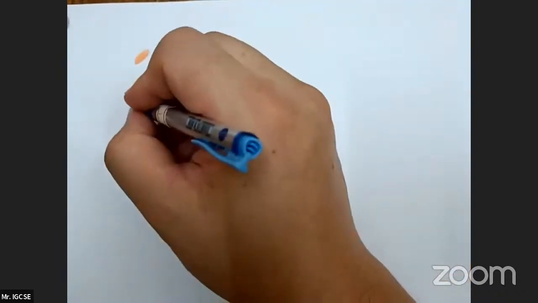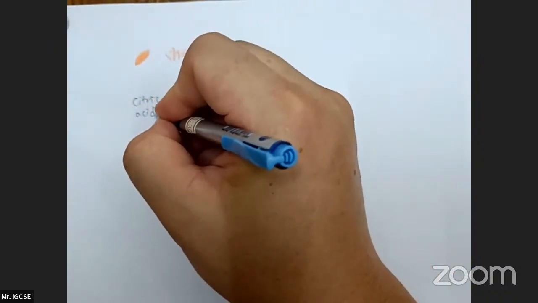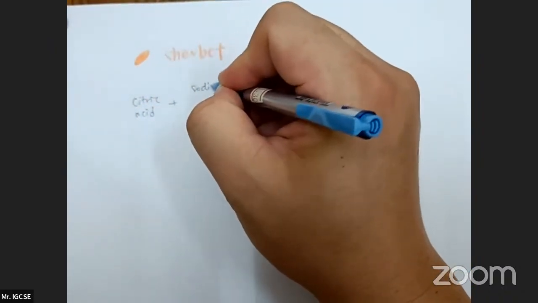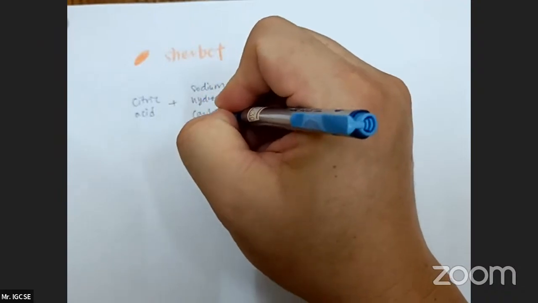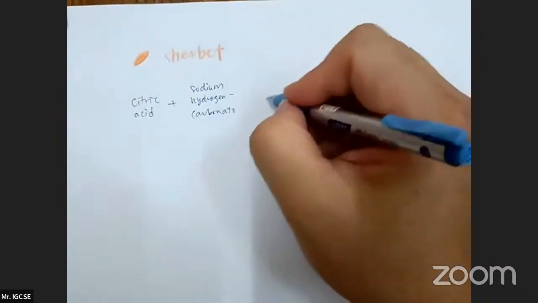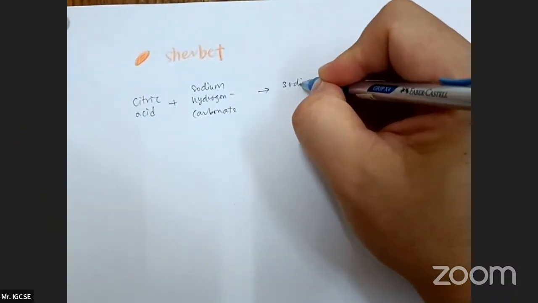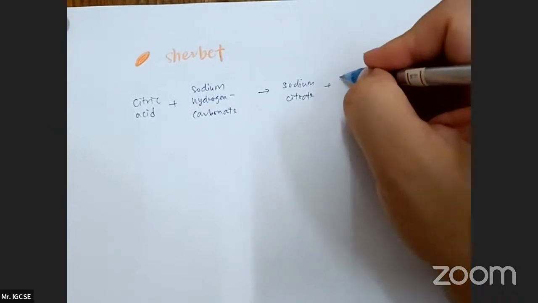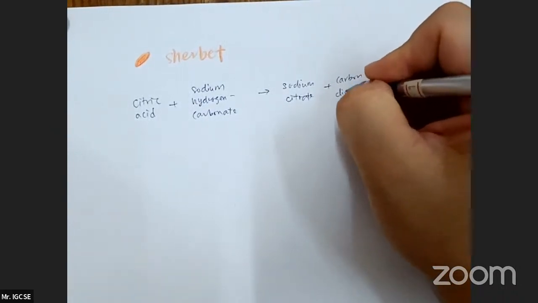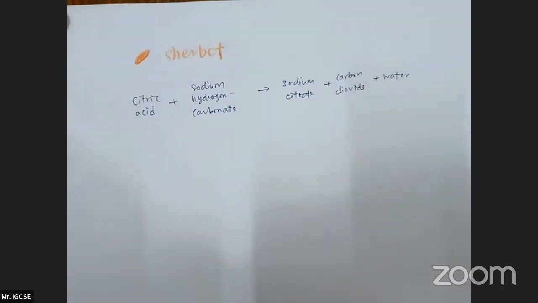So this is a popular sweet, which is citric acid plus sodium hydrogen carbonate, which will become sodium citrate plus carbon dioxide plus water.